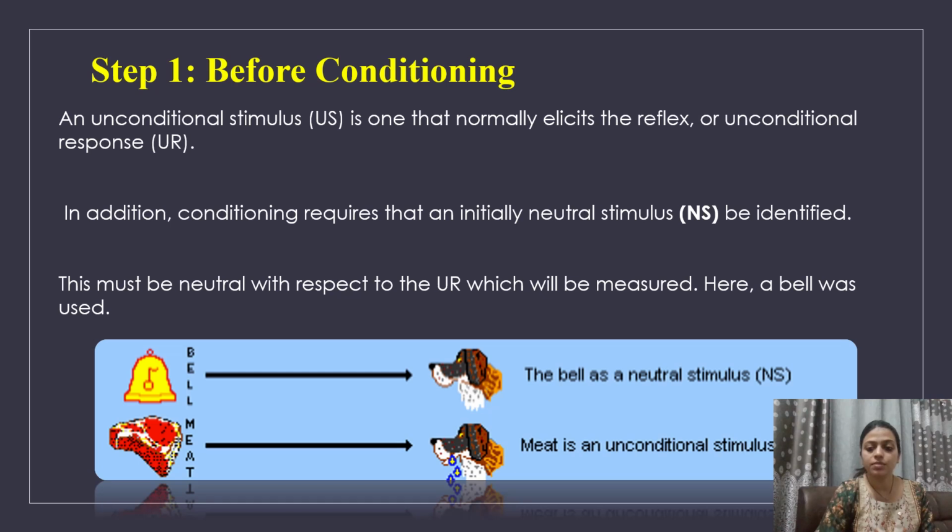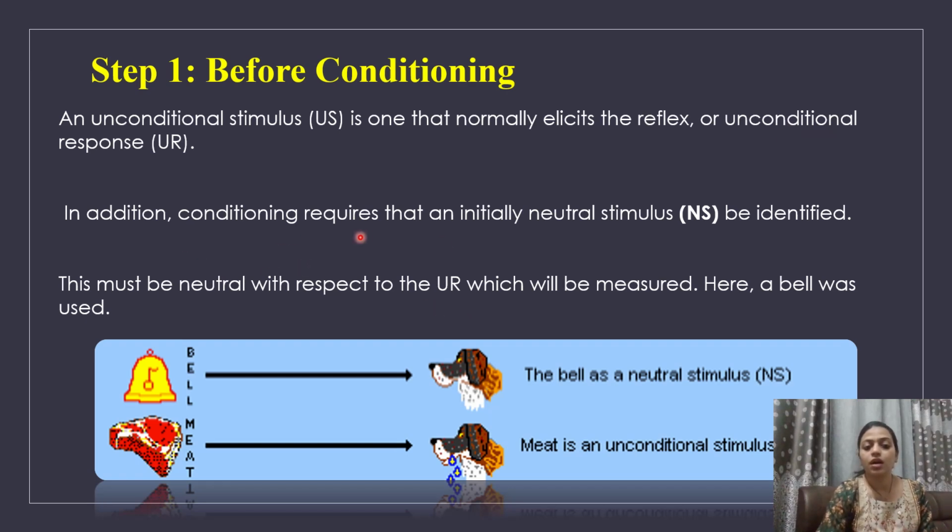So step one is before conditioning. Let's see what happens before conditioning. The unconditional stimulus is the one which normally elicits the reflex, or the unconditional response. The unconditional stimulus over here is food, that is meat, which elicits the unconditional response, that is salivation in the dog.